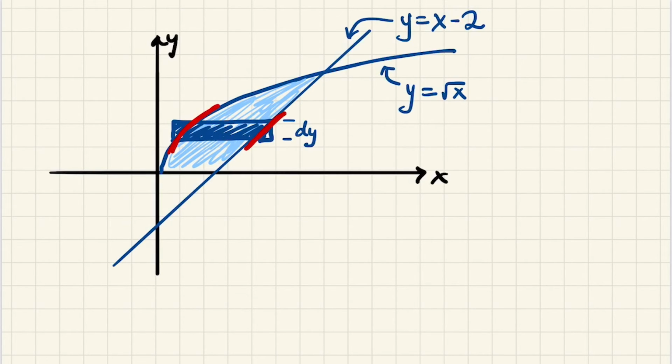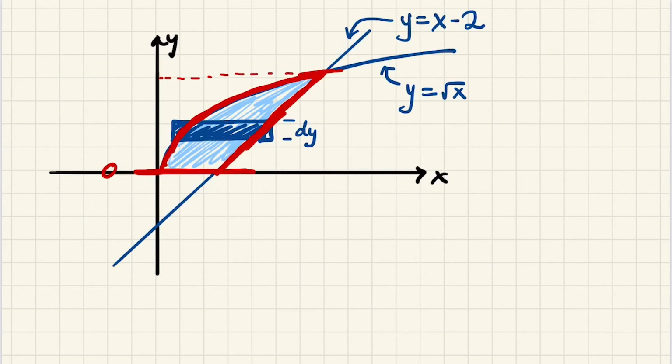If we were to approach this problem that way, then we wouldn't have had to do this in 2 integrals, because we have a consistent rightmost function, we have a consistent leftmost function. Okay, integrating with respect to y, we would have had y lower bound and y upper bound. Our lower bound would have been y equals 0, and our upper bound would have been whatever that number is, which we could easily find.